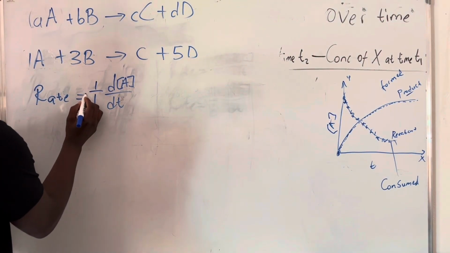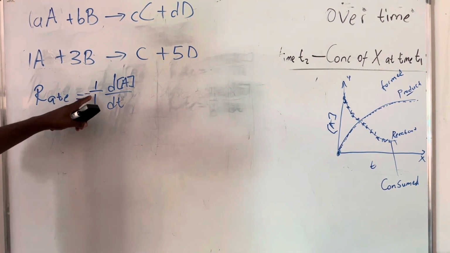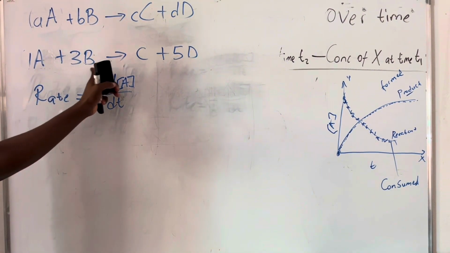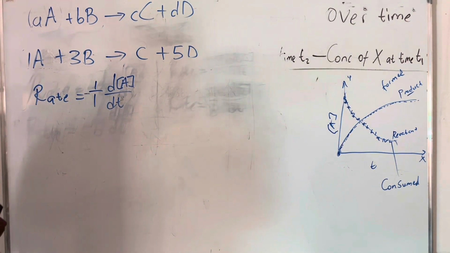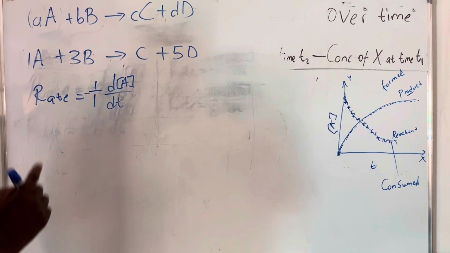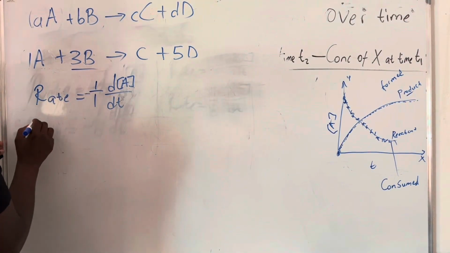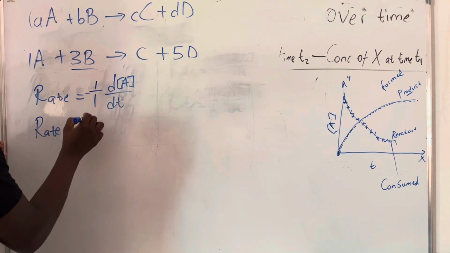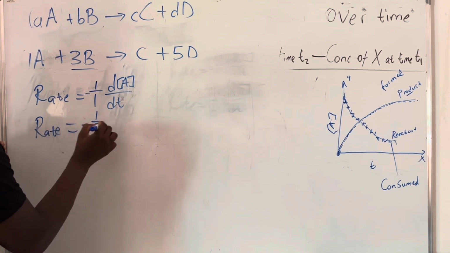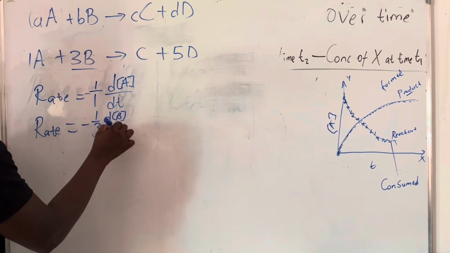However, there should be a negative here. Where is this negative coming from? From the fact that it is the reactant and it is consumed. So it comes from that. From there, for B, the rate will be equal to negative 1 over 3, dB over dt.